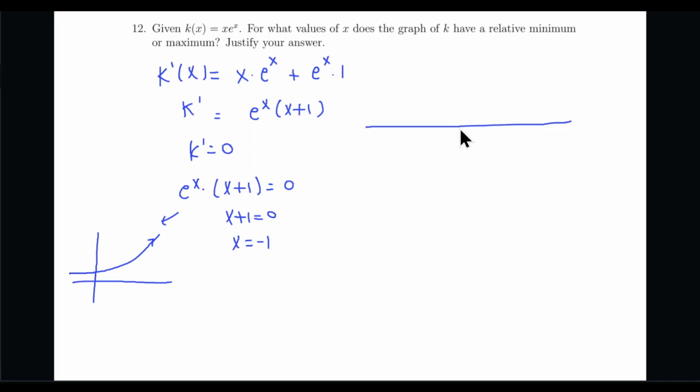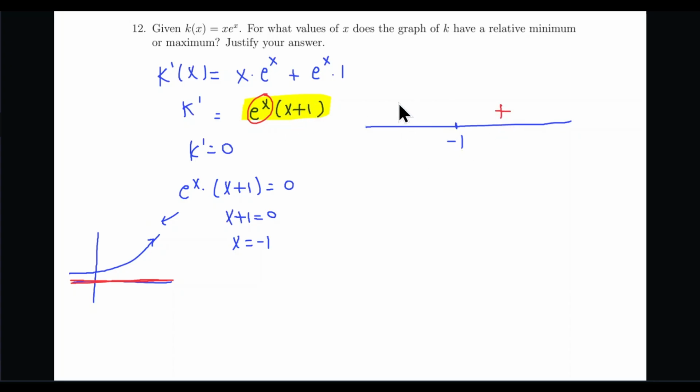So if x is -1, we need to find the sign change of k prime. Anything greater than -1 may be 0. No need to ask about e to the x again and again, because like I said, e to the x is always positive. It's above the x-axis. So if you put anything on the right, maybe 0, that's going to be positive.